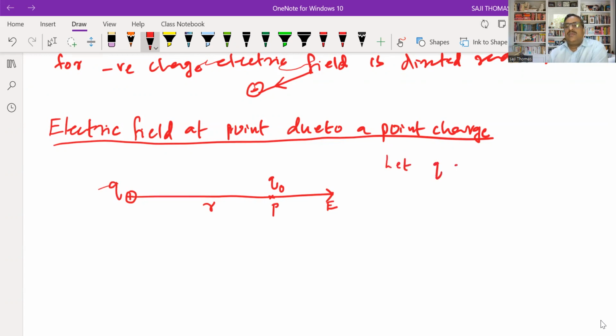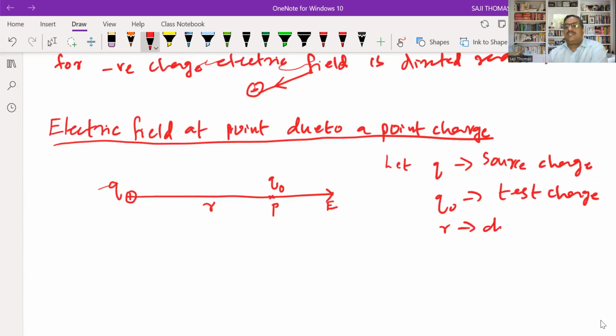Q is the source charge, Q0 is the test charge, and R is the distance from the source charge to the test charge.